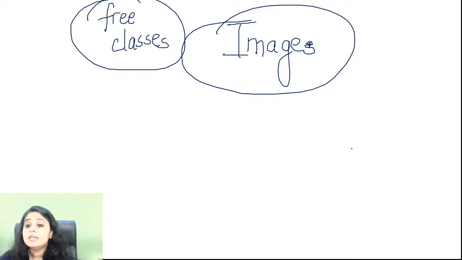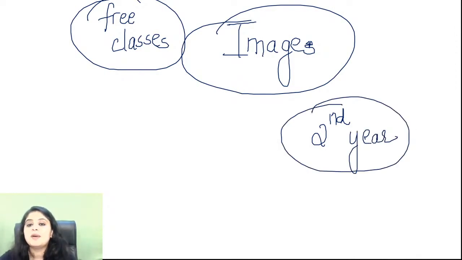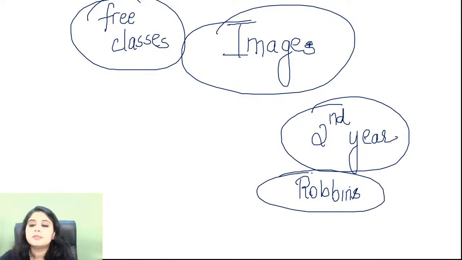Let me tell you, tomorrow is specially for the dear second year students, because a lot of students have written to me, ma'am, how to study Robbins, and I think that's a question which is very tough for me to answer. I can't tell you how to study Robbins, but how to study pathology in second year, especially if you have exams coming up or if you just started with second year.